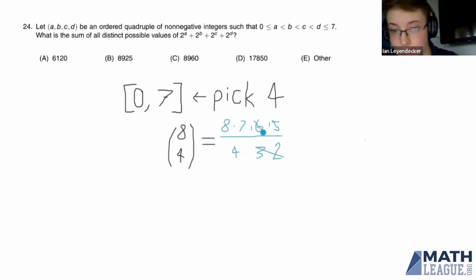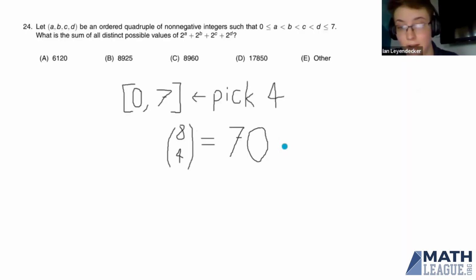We can cancel out that 6. And we can cancel out the factor of 4 and 8 to get 2 times 7 times 5. 7 times 5 is 35. 2 times 35 is 70.